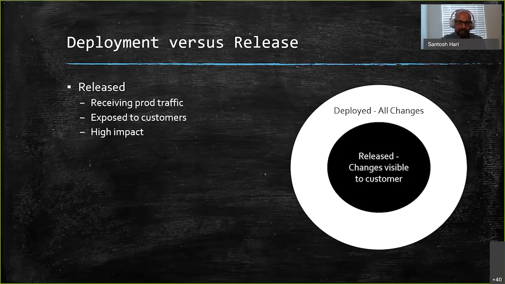So when production traffic hits the code, it takes on all the risks associated with releases. You can have outages, crashes, performance issues, bugs, and maybe even it could be completely wrong. So all of these risks are exposed to the customer the moment you release it.